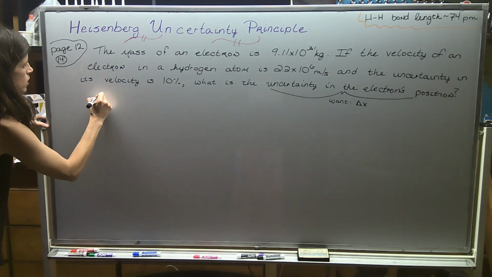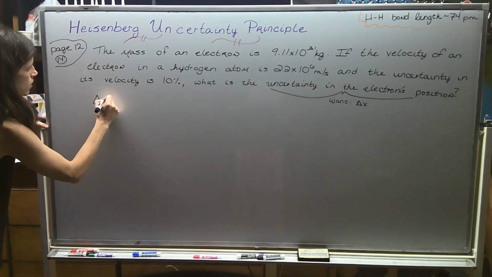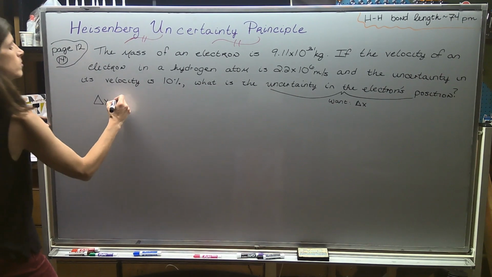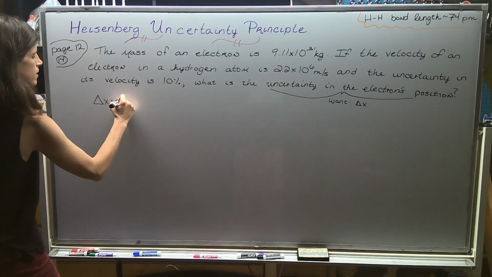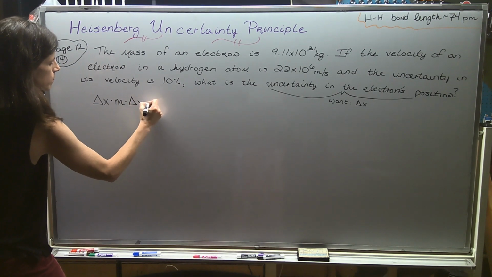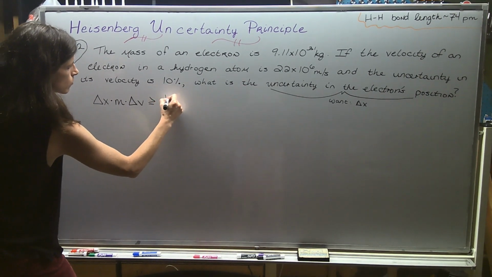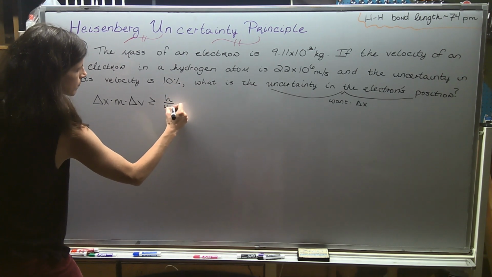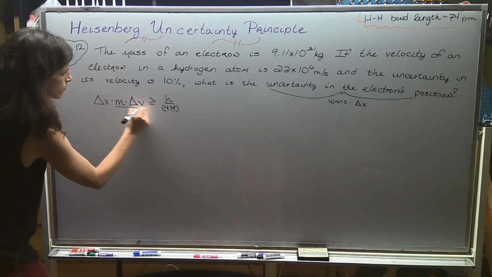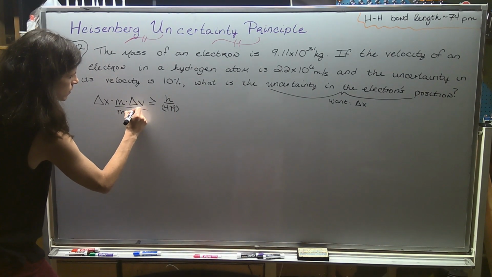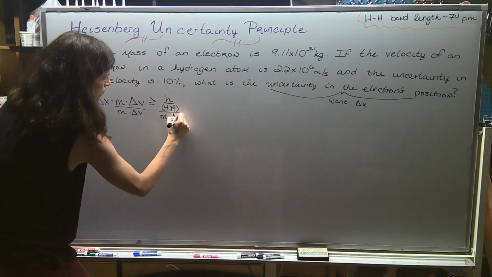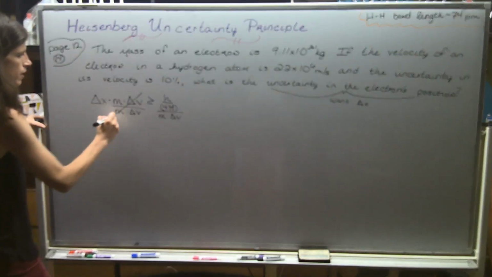So it's delta x, the uncertainty in position, times delta momentum, but I'm going to break down that delta p into mass times delta v, and that's going to be greater than or equal to h over 4 pi. I'm going to divide both sides by mass times delta v so I can isolate delta x. That cancels out over here.